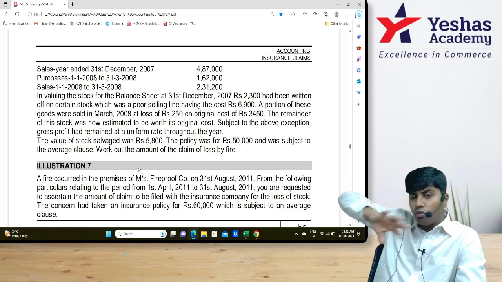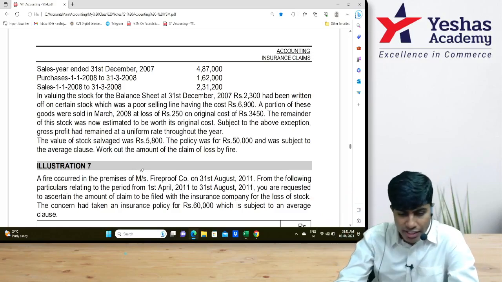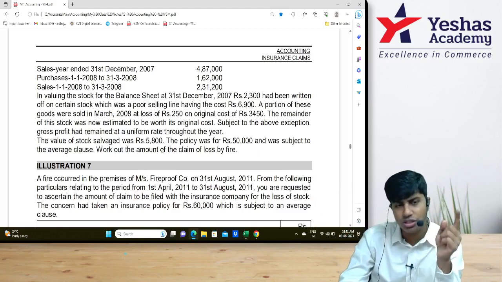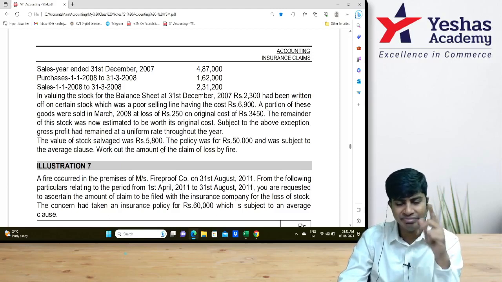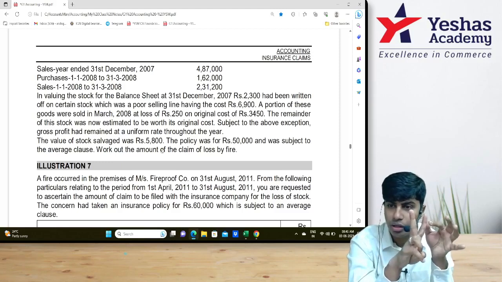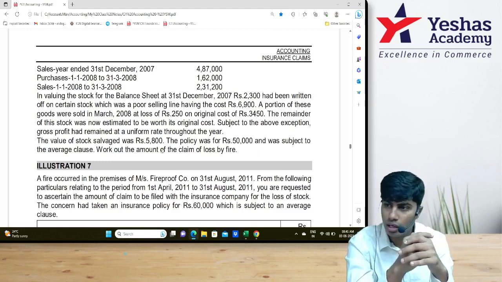On the entire stock of goods, we can't apply the GP percentage. So let us split this. Cost of it will be 6,900. NRV was 4,600. Written off is 2,300. So we need to prepare two columns in our memorandum trading account: abnormal item, normal item. Understood?